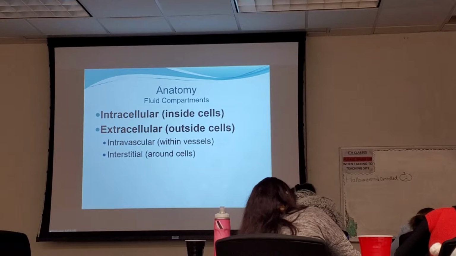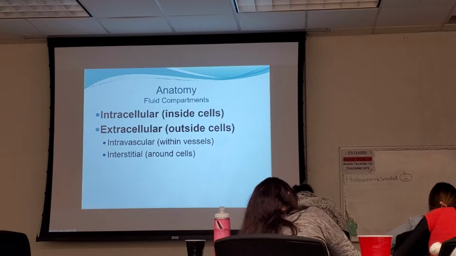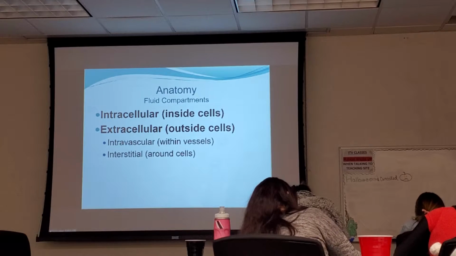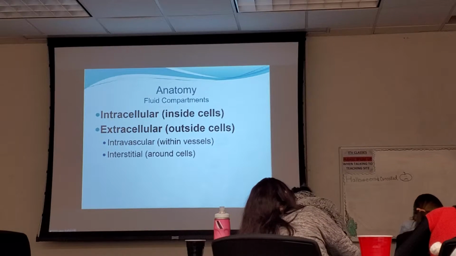Everything is touching liquid between those membranes. And again, if you go back to that A&P review, about 60% of the human body is water. So our cells are engulfed, if you will, by that interstitial fluid.